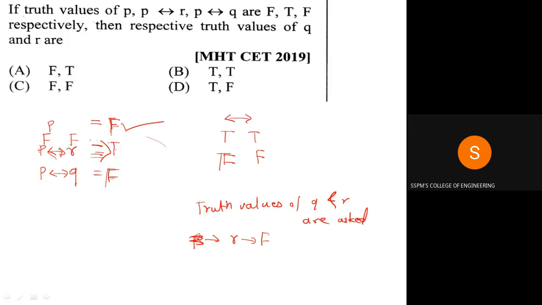The value of P is F, so put F here: F implies and implied by Q is equal to F. When is it possible? Only when the value of Q is other than F. What is meant by other than F? It has to be T. So the value of Q is T. We'll revise this again.